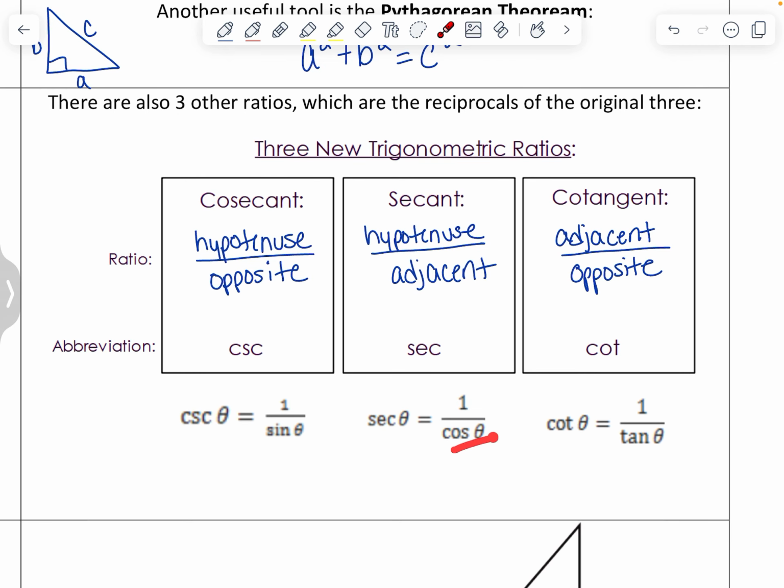Secant is the reciprocal of cosine, so since cosine is adjacent over hypotenuse, secant is hypotenuse over adjacent. Then we have cotangent. That's the easiest one to remember because it has the word tangent in it. It is the reciprocal of tangent, which is adjacent over opposite. So those are the three new ones.